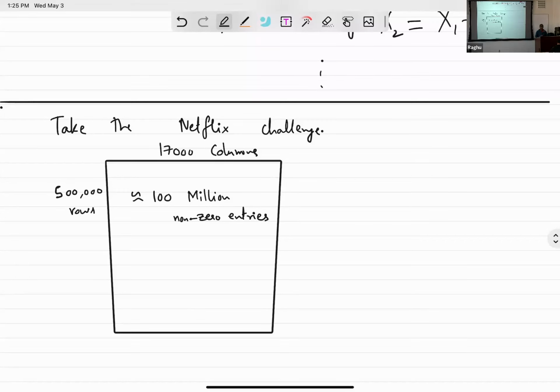You can't store the full matrix, 500,000 by 17,000. If you think of it as a dense matrix, it's roughly 8 GB. You cannot store it in your RAM, or you can, but it's going to make everything else very slow. Whereas if you use a sparse representation, meaning only store the non-zero values, that's like 1%, so it's 1% non-zero entries.